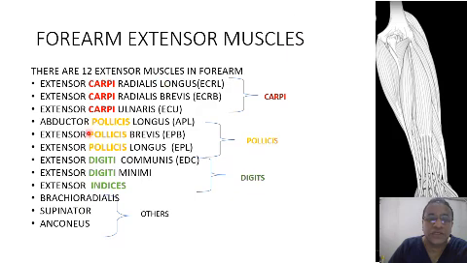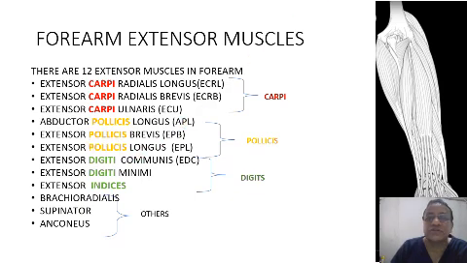Here I can give you a mnemonic to remember your pollicis muscles: A pretty long beautiful lady. A pretty long beautiful lady means abductor pollicis longus, extensor pollicis brevis is beautiful, and lady stands for extensor pollicis longus.